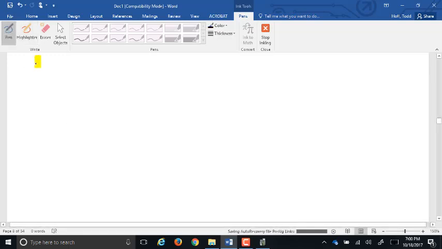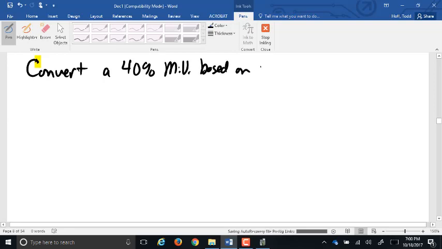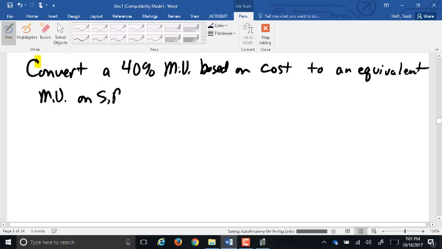So let's look at convert a 40% markup on cost to an equivalent markup on selling price.